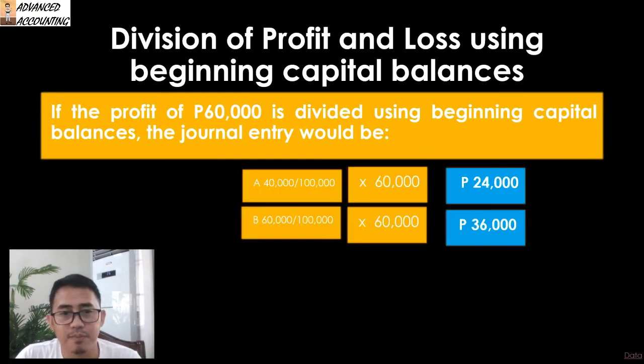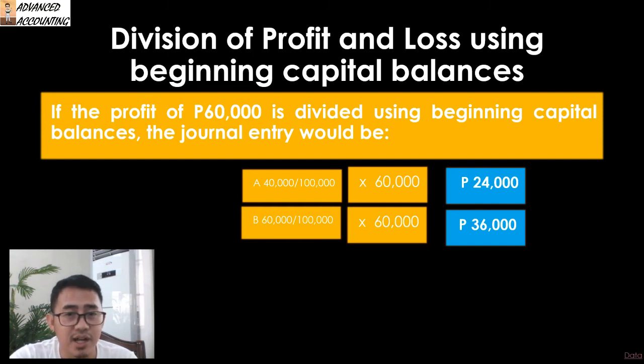Okay, so this is the computation. For A, A has a beginning balance of 40,000 and B has a beginning balance of 60,000, over 100,000, which is the sum of the beginning balances. We multiply that with the profit, which is 60,000. The arriving amount will be, for A, 24,000 and for B, 36,000.